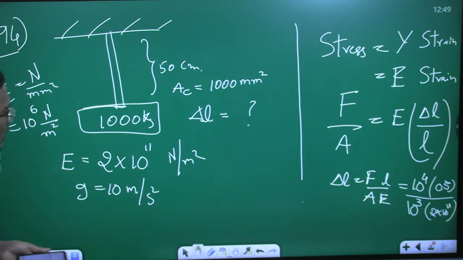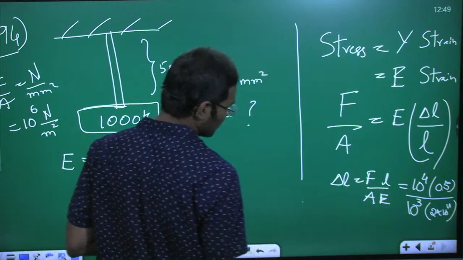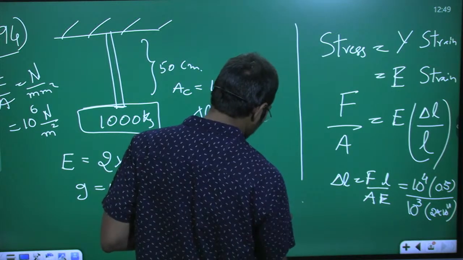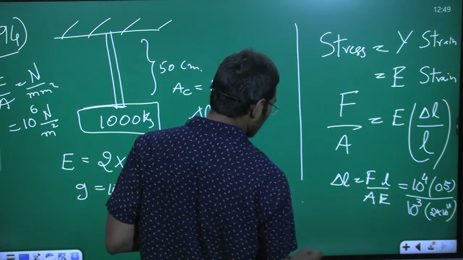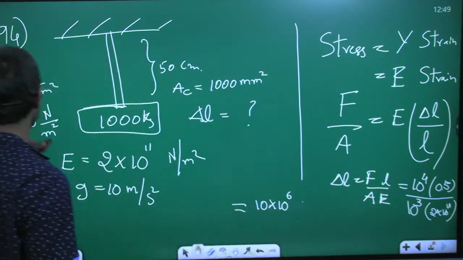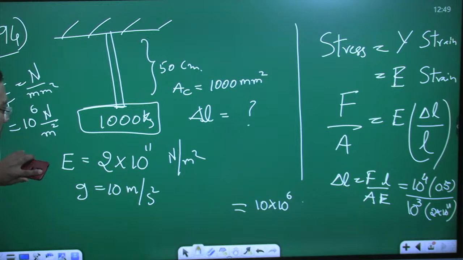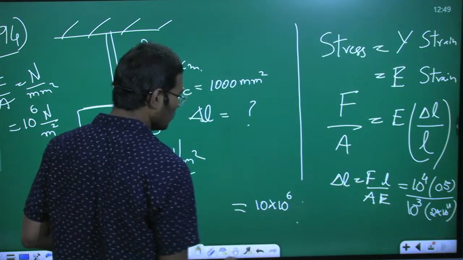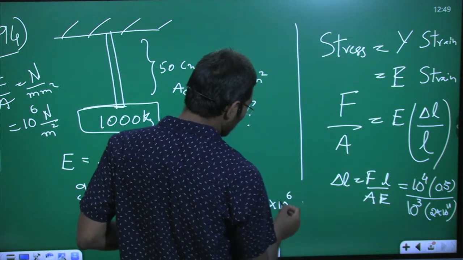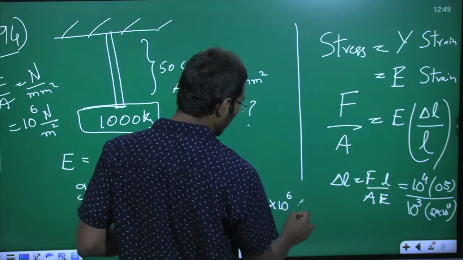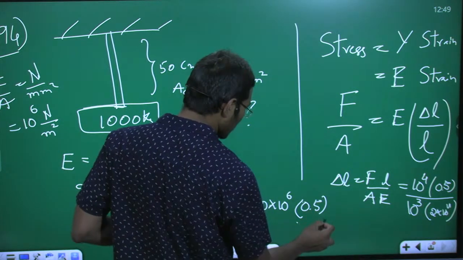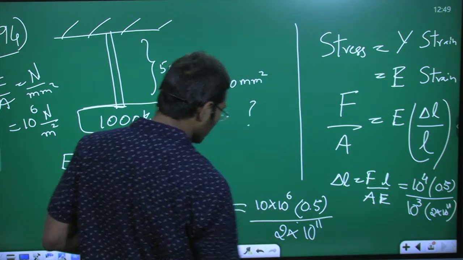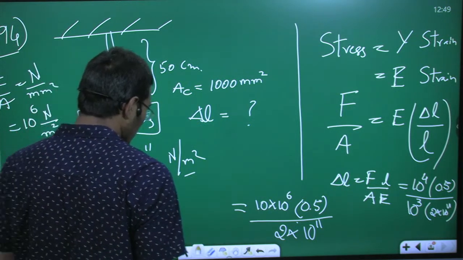So we need to take care of units here. So what do we get? 10 into 10 power 6 Pascal, because this is in Newton per mm square, and I am converting it into Newton per meter square, because here we have this in Newton per meter square. 3 zeros get cancelled and 10 will be left, into 10 power 6 into 0.5 by 2 into 10 power 11. So how much do you get?